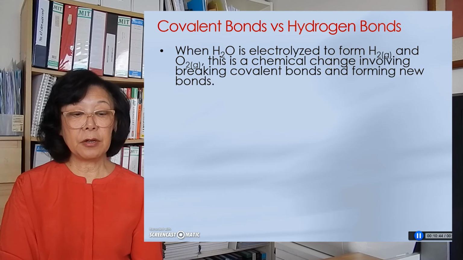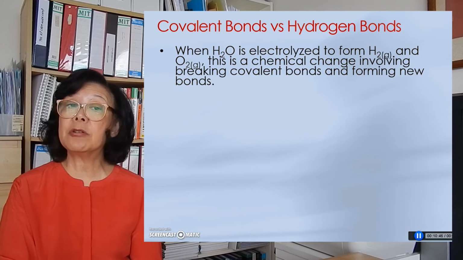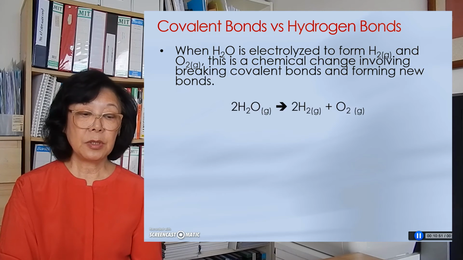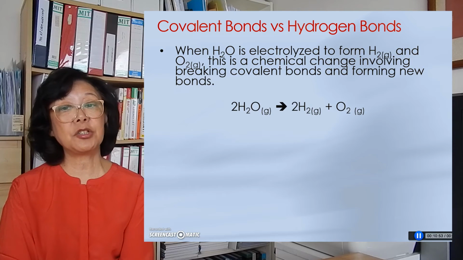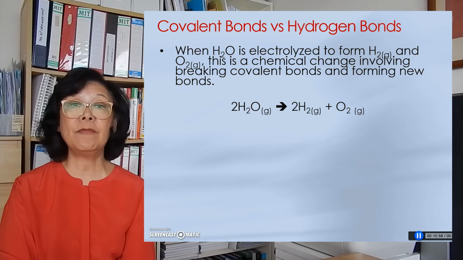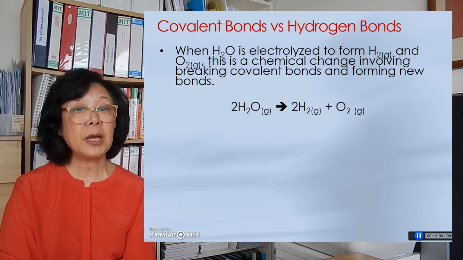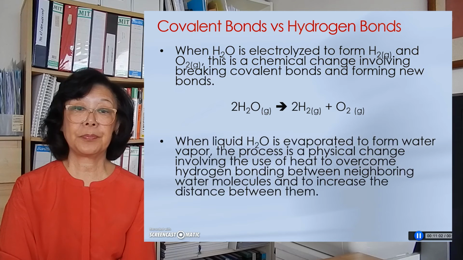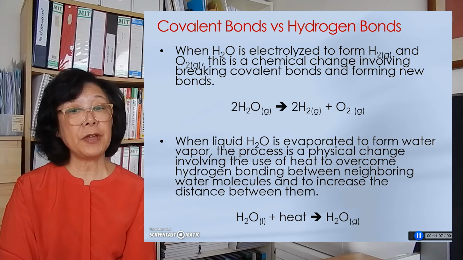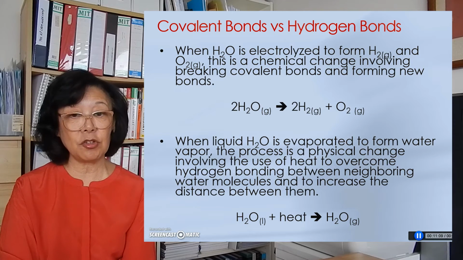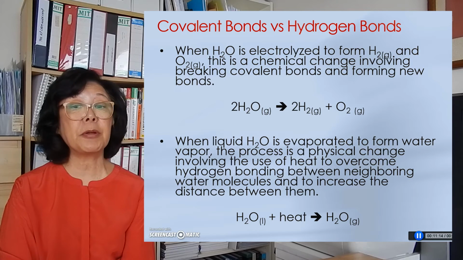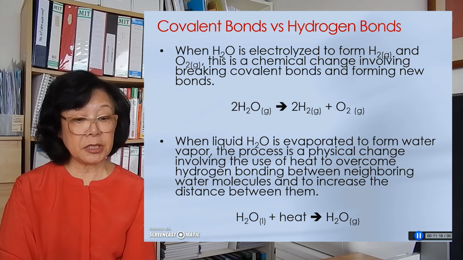When we compare covalent bond versus hydrogen bond, we need to look at two kinds of interactions. One is when water is electrolyzed to form hydrogen and oxygen gas. This is a chemical change involving breaking of covalent bonds and forming new bonds. However, when liquid water is evaporated to form water vapor, the process is a physical change involving the use of heat to overcome hydrogen bonding between neighboring molecules and to increase the distance between them.